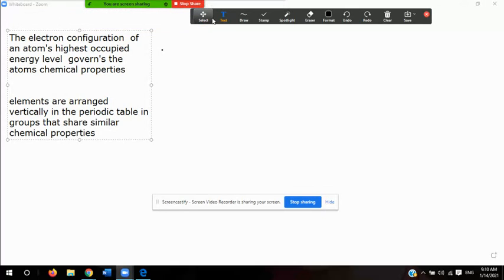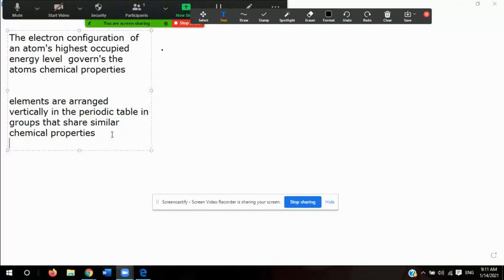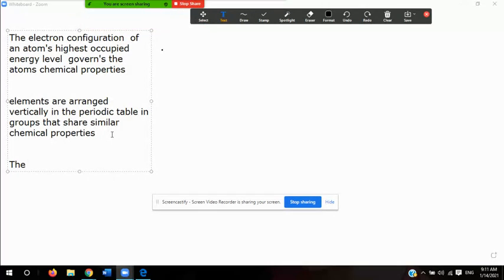But one thing worth noting is that they're also organized horizontally.